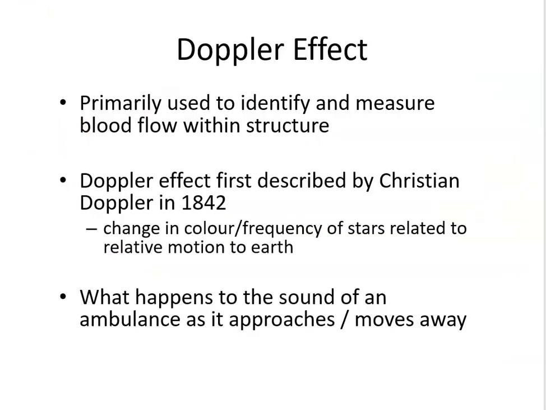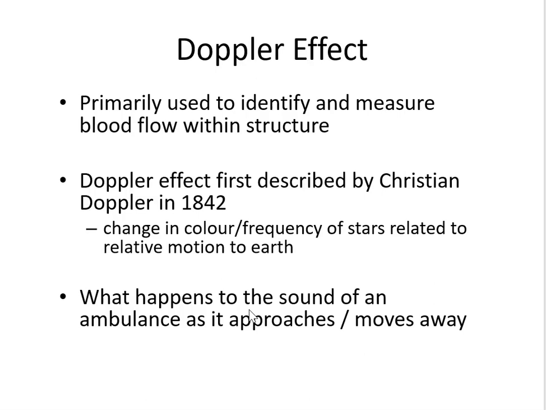So ultrasound imaging is not just about imaging static structures like cysts and tumours. We can actually use the Doppler effect to use ultrasound to measure the speed of blood flow. The Doppler effect, first described by Doppler, was initially used to calculate the fact that stars were moving away from the Earth and were redshifted.